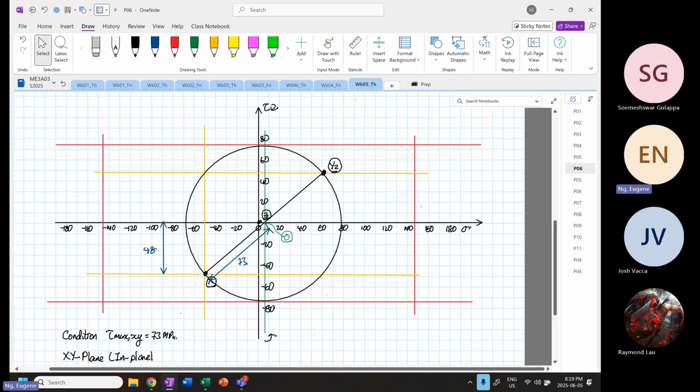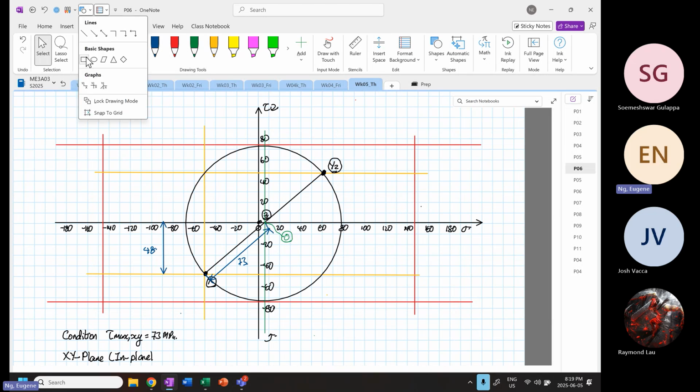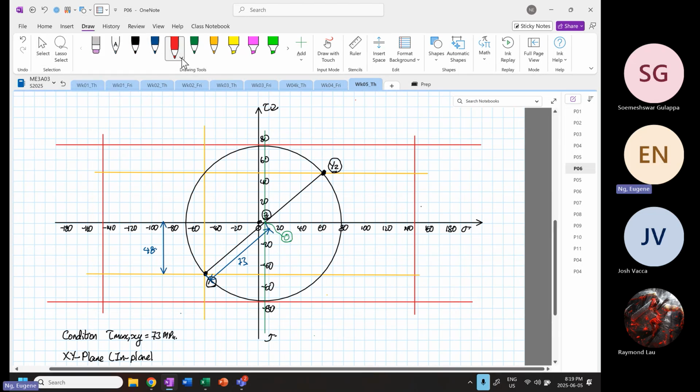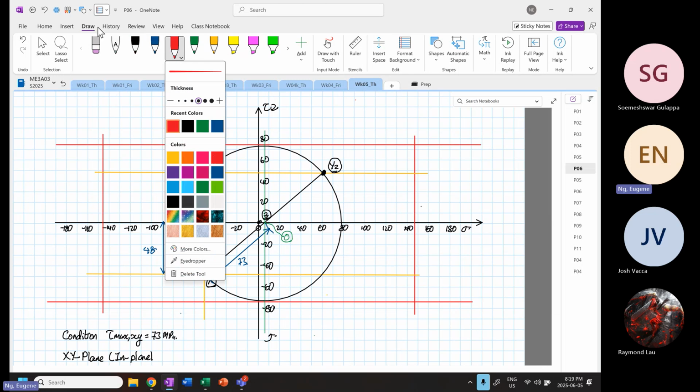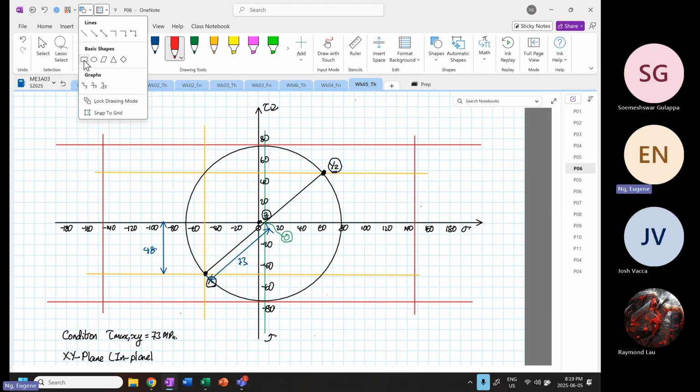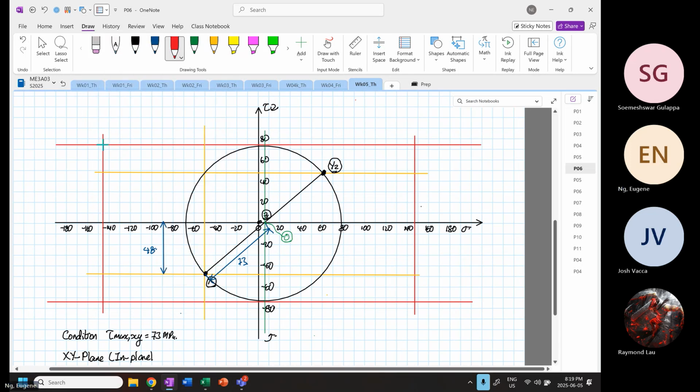And then we see the whole circle is inside the big red box. I'm going to sketch the red box. Okay, it's inside this red box.